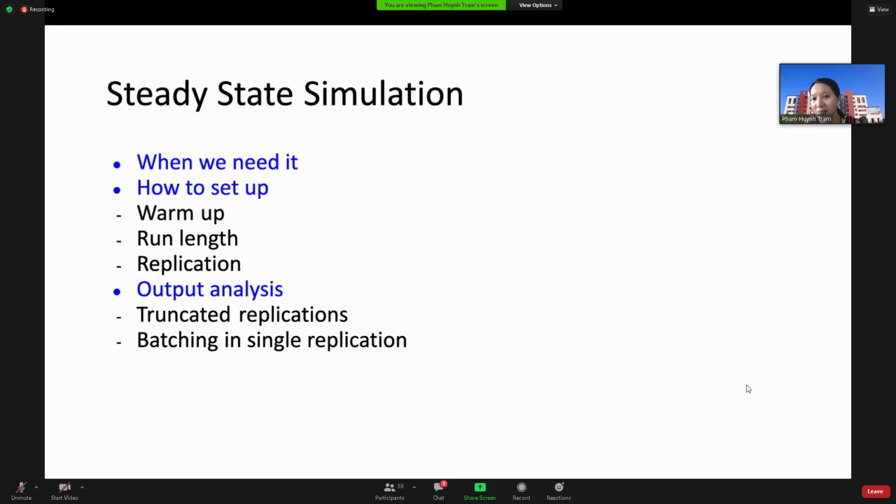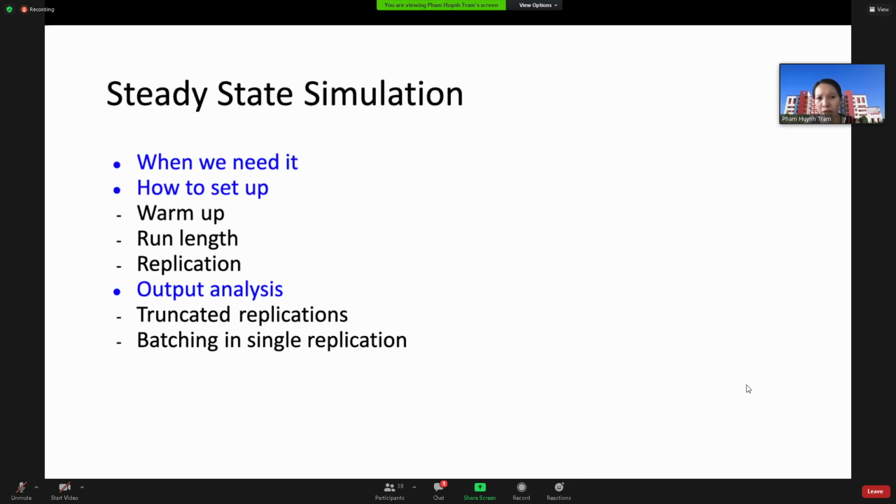and the number of customers may vary with time in a terminating simulation. But in a steady state simulation, the simulation just runs continuously, and we want to look at the performance in its normal, usual state.